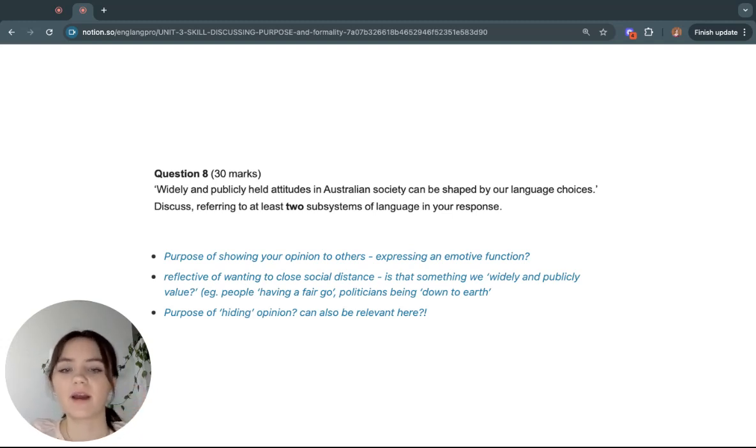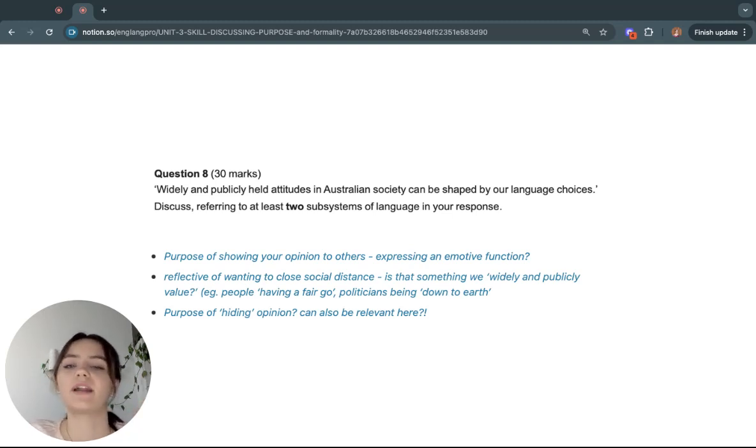Or maybe we value our politicians to be perceived as being down-to-earth people. We have the tall poppy syndrome, etc. So you can see that you can make it quite intuitive to go from here is the register and the purpose; attaching a purpose to each example that you analyze is a must-do. And then you can have Unit 4 and that sociological perspective about our values filtering all throughout.